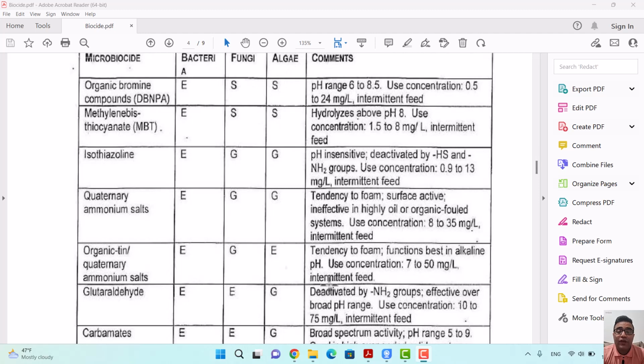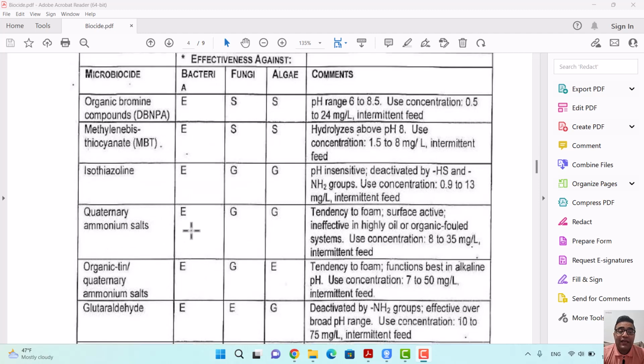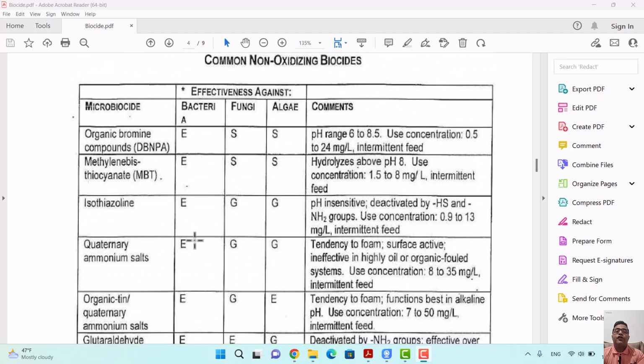And of course, we said that non-oxidizing biocides are injected intermittently, while oxidizing biocides are mostly injected with a continuous dosage.